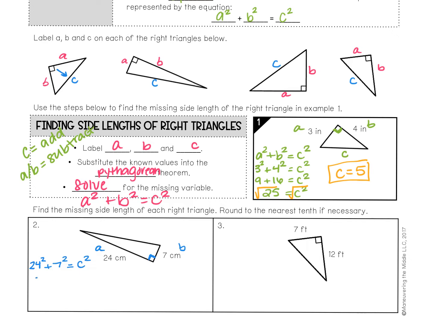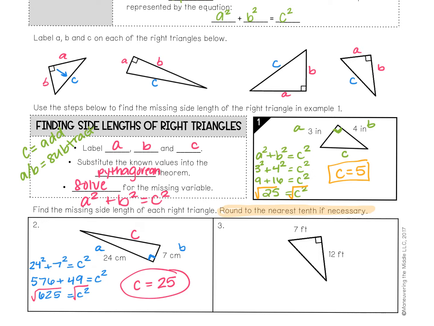So 24 squared is 576. 7 squared is 49. So 576 plus 49 is going to give me 625. When I take the square root of both sides, I get that C equals 25, because 25 squared is 625. So the square root of 625 is 25.